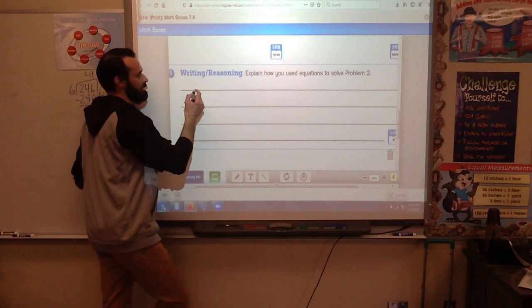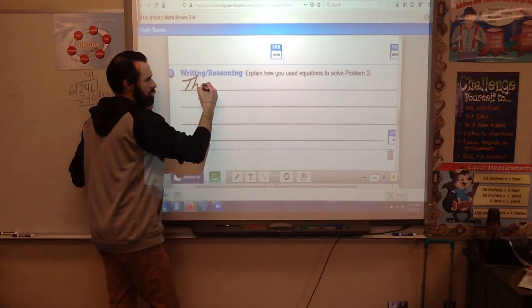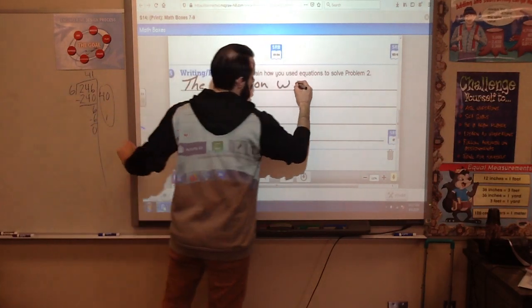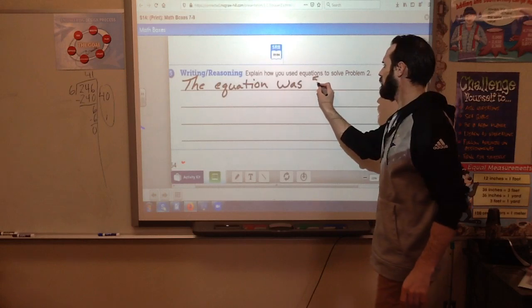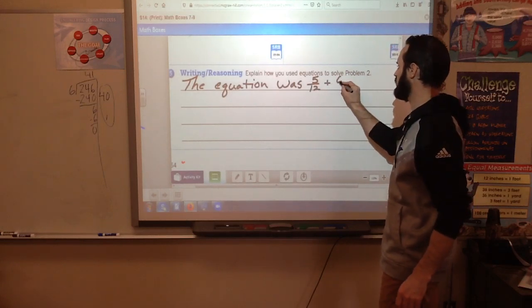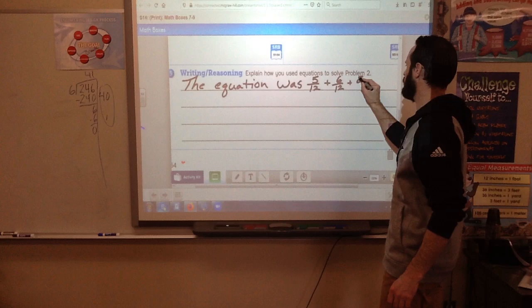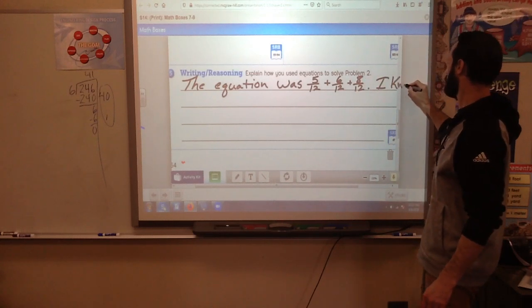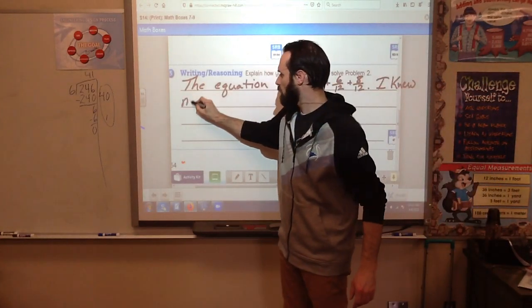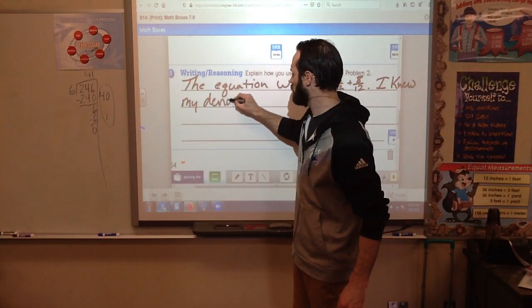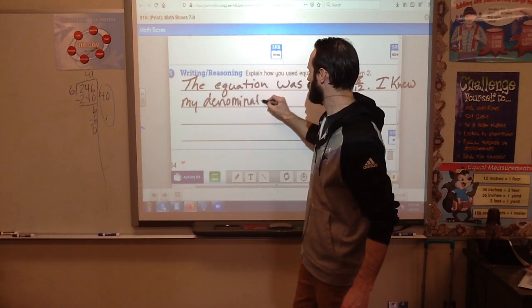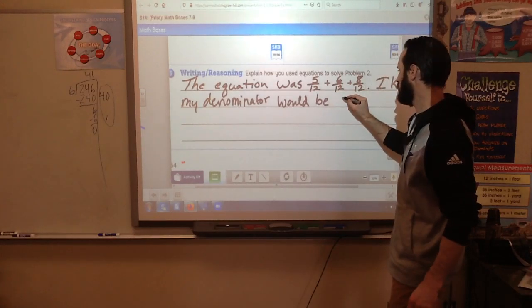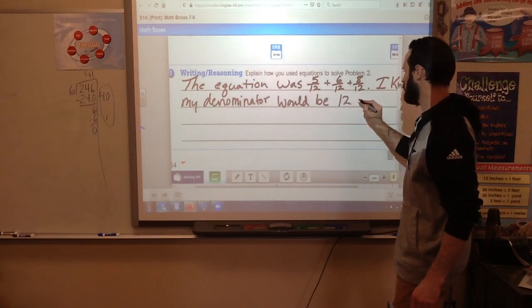I would have put something like the equation was 5 twelfths plus 6 twelfths plus 8 twelfths. I knew my denominator would be 12.